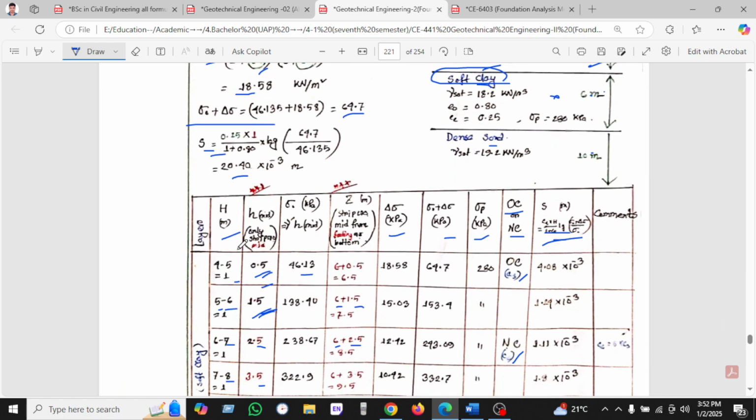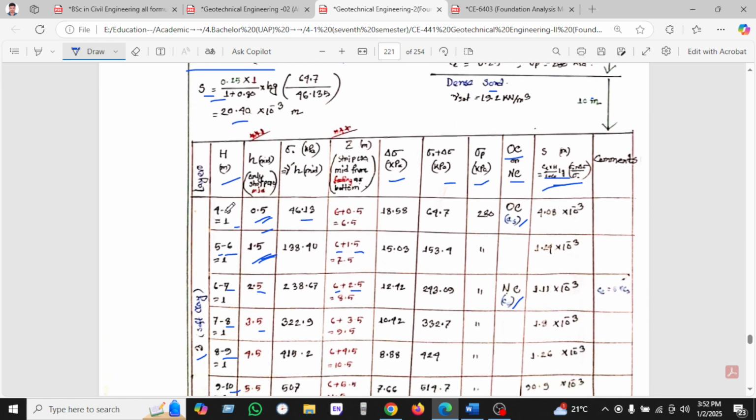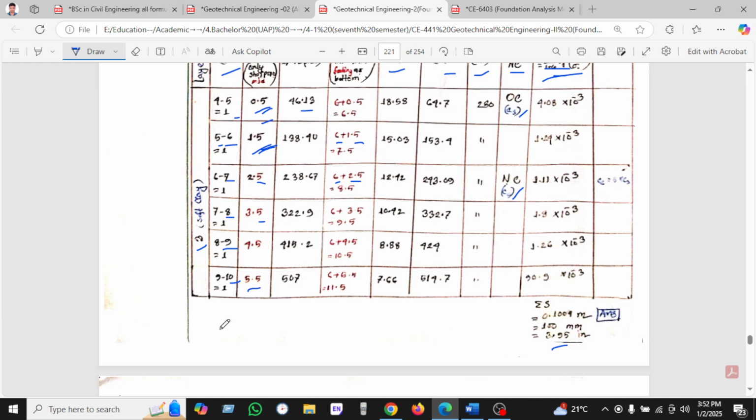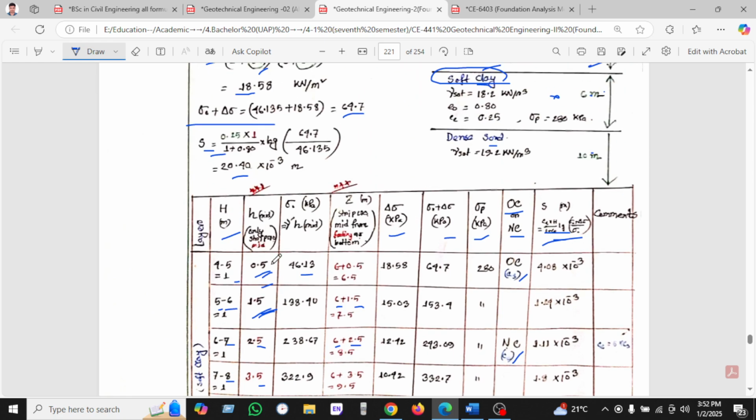So the layers are given here, layer 1, layer 2, consequently, and H is given from the strips as 0.5, 1.5, 2.5, 3.5.